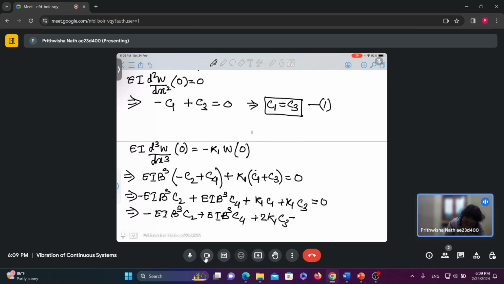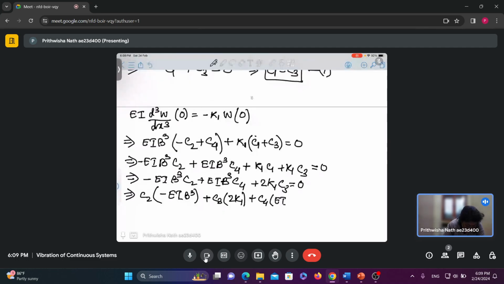So this can be written like this: C2 into minus EI beta cube plus C3 into 2K1 plus C4 EI beta cube equals 0. Now this becomes my equation number 2.